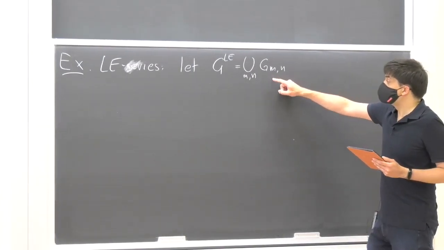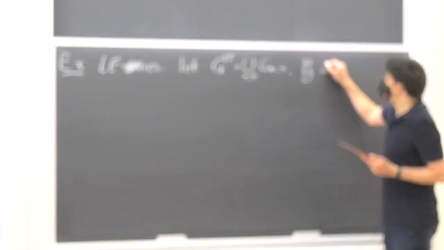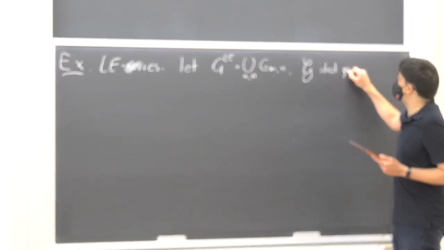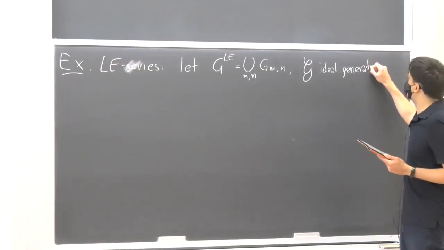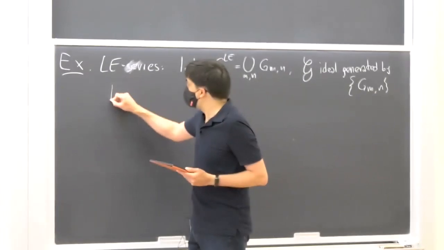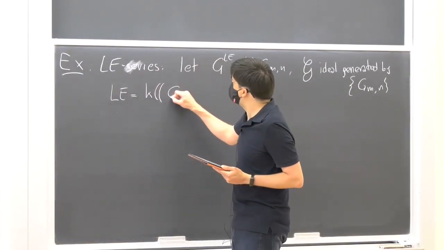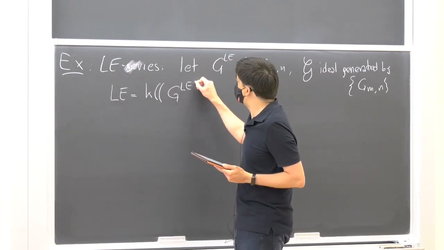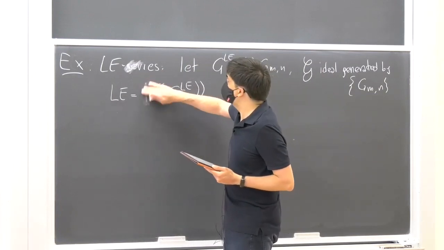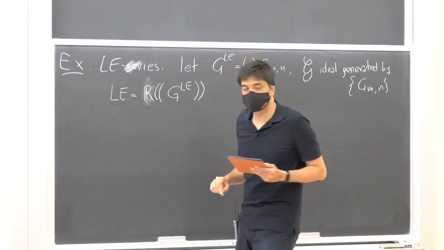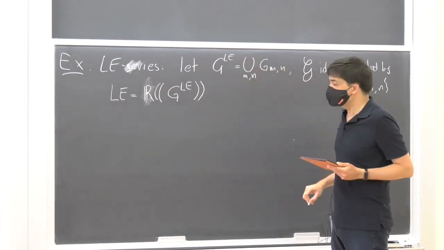Let curly G be the ideal generated by the G_{m,n}, and then LE series are just going to be the Hahn field. Oh, sorry. LE series happen to be done over the real numbers, but nobody said anything.